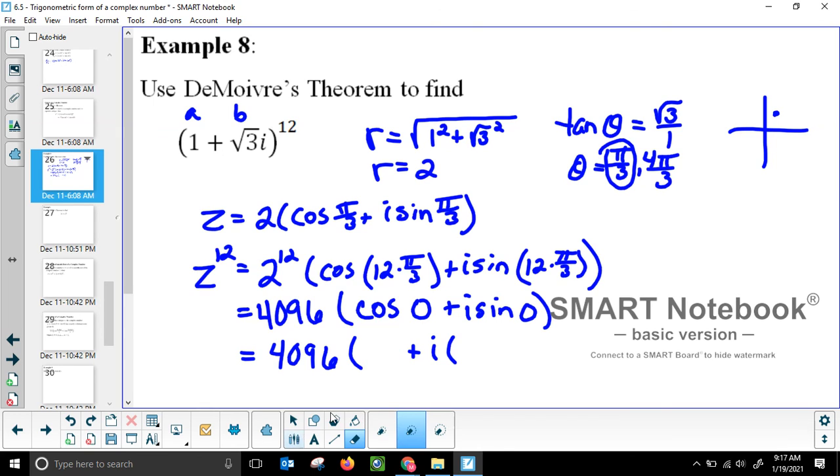The cosine of 0 is 1, and the sine of 0 is 0. Of course, i times 0 is 0. Distribute this, and this is just 4,096. It was much easier to get to this than to actually try to multiply this thing by itself 12 times. So that's the benefit of putting it in trigonometric form and using De Moivre's theorem.